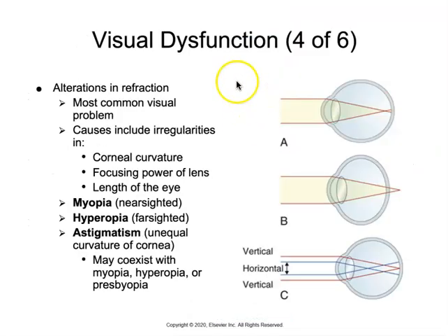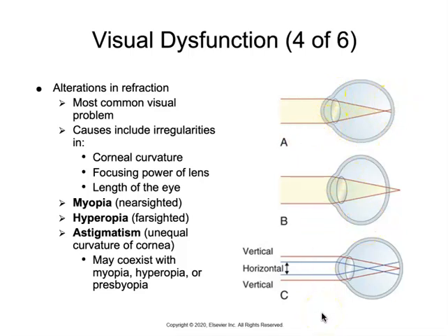All right, alterations with refraction is the most common visual problem. It's going to include irregularities in our corneal curvature, so in the front here, and focusing power of our lens and the length of the eye. So you can kind of see how the length is changing as we're going from A, B, and C here.